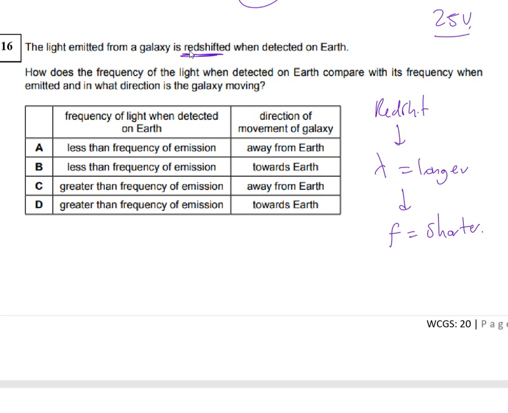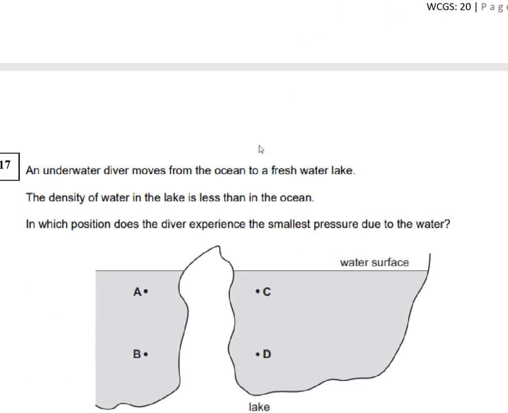If it's long, it means that it's going away from us. So we got one option, two options. It can't be this one, it can't be this one. Now we're left with two options. The frequency is less. Yes, it's shorter, it's less. Here we go, done. A. Move to the next one.